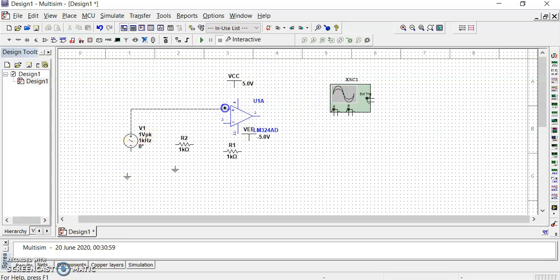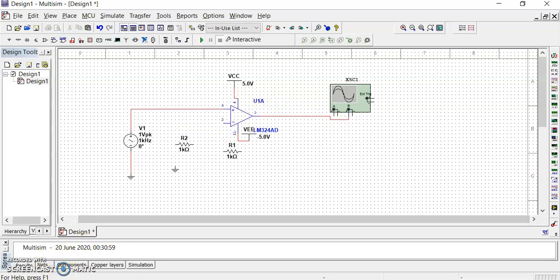Our input is connected to the non-inverting terminal, so the output is in phase with our input in this circuit. Plus VCC is connected to the fourth pin and minus VCC is connected to the 11th pin. Output is connected to channel B.